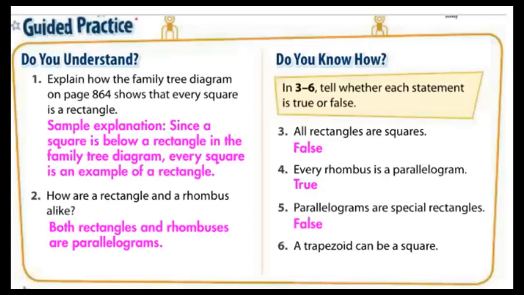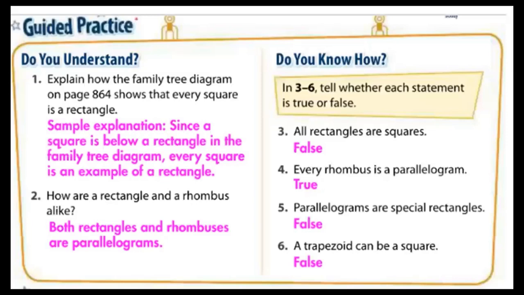False, because parallelograms don't contain right angles inside. Number 6. A trapezoid can be a square? False also. A trapezoid has just one pair of parallel sides. It doesn't have 4 sides equal in length and 4 angles equal in measure, equal to 90 degrees. So a trapezoid cannot be a square.